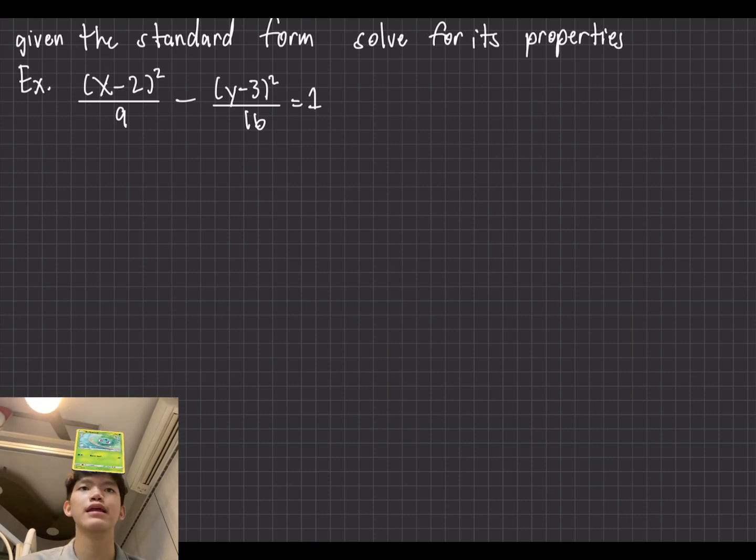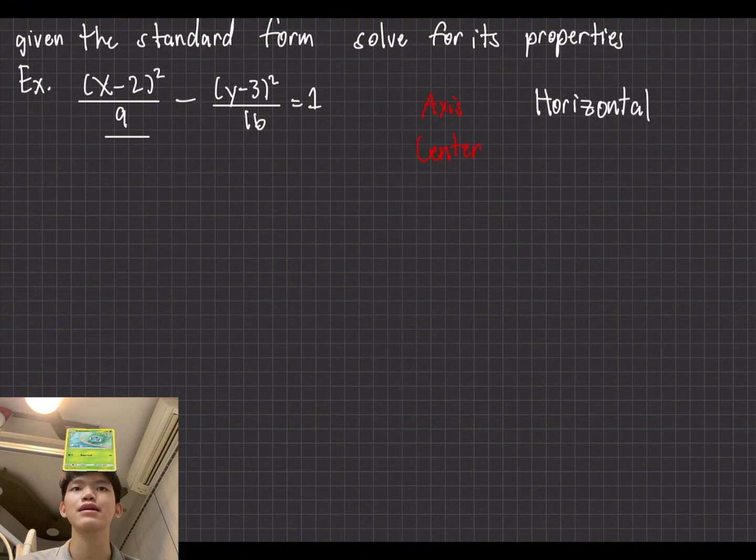So first we will identify the axis. We identify it through the x coordinate, and which has the highest denominator. So 9 has the highest denominator because it's positive, and 16 is negative. So it is horizontal because of the x coordinate. So for the center, let's solve for h, k, a, b, and c.